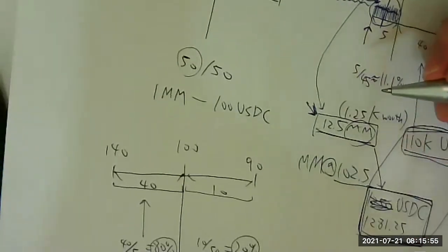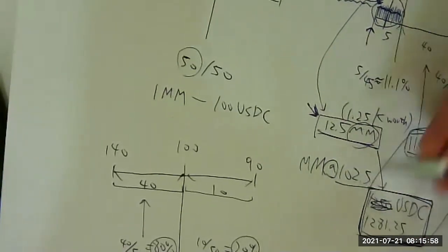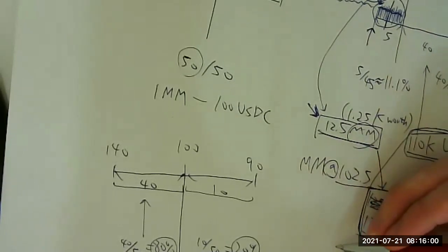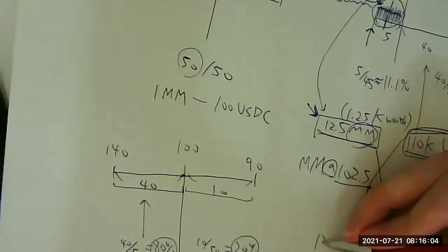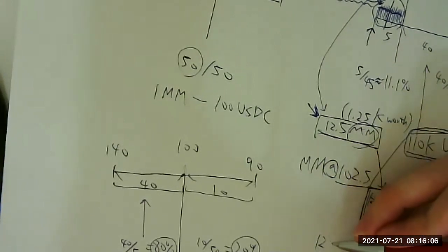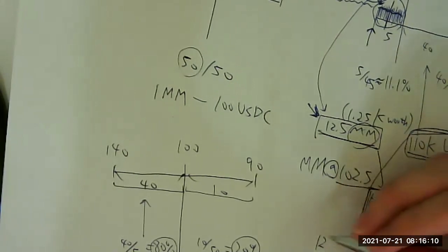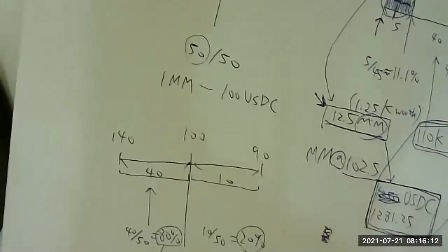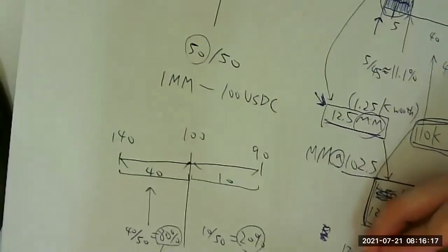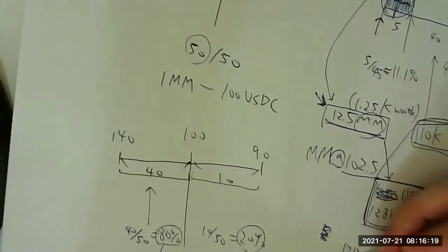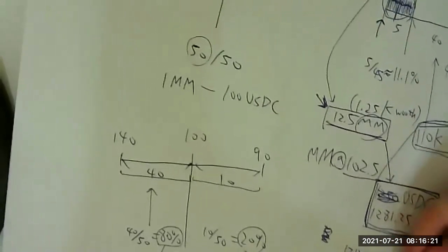So 12.5 times 105, which is 1312.5 USDC.